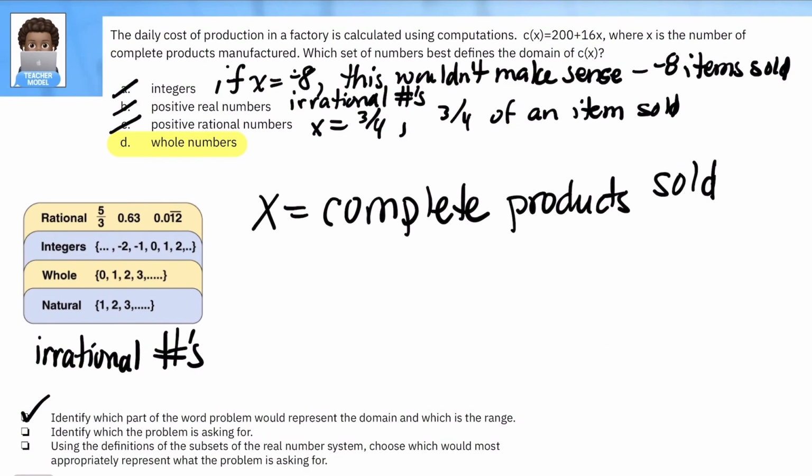Okay, and if they don't tell you, then figure out which is the first item, like what's the input that starts the problem, and then what is the output, what is the outcome. That could help you. We can figure out what the problem's asking us to do, and then try and use our subsets of number systems to decide what most appropriately represents the set of numbers.